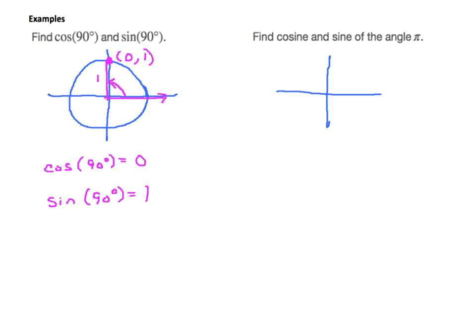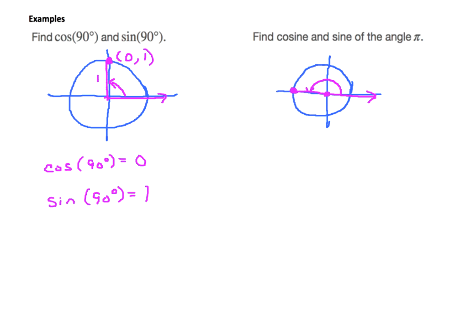And now we're asked to find the sine and the cosine of an angle that is pi radians. So here's my circle. And remember, pi radians corresponds to a 180 degree angle. So there's my initial side. I'm going to go all the way 180 degrees.